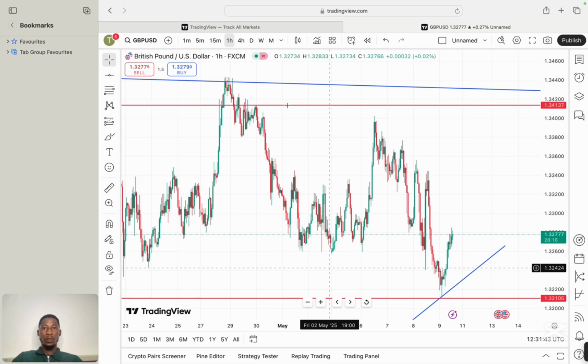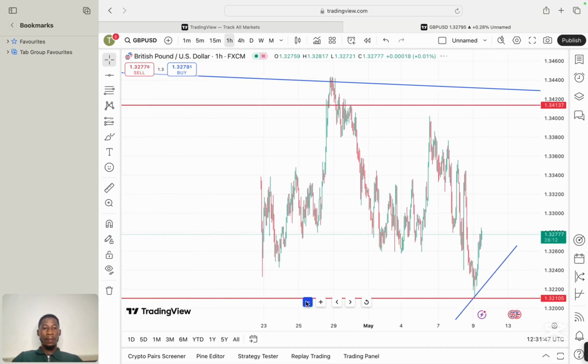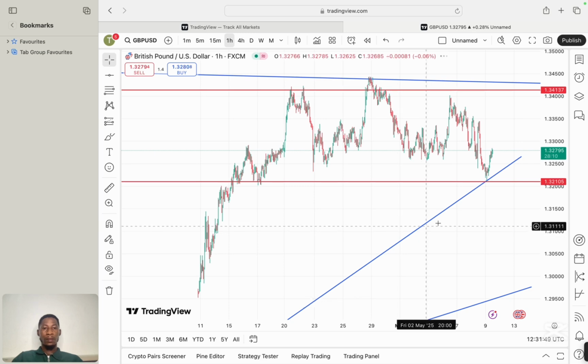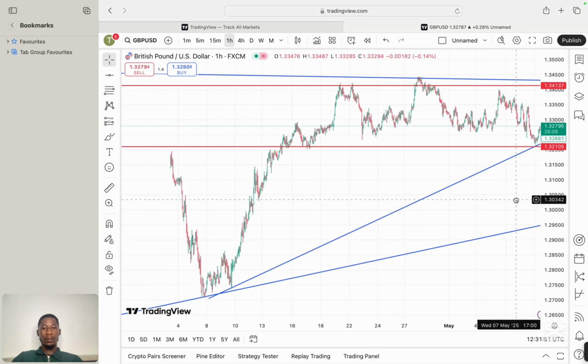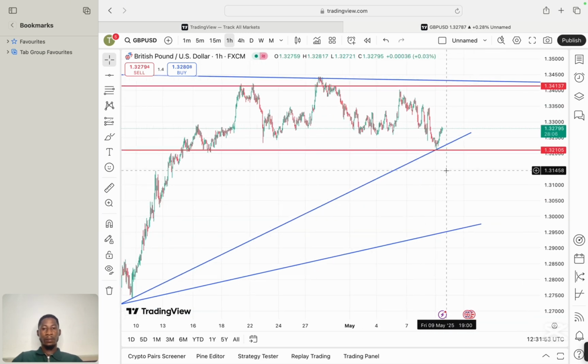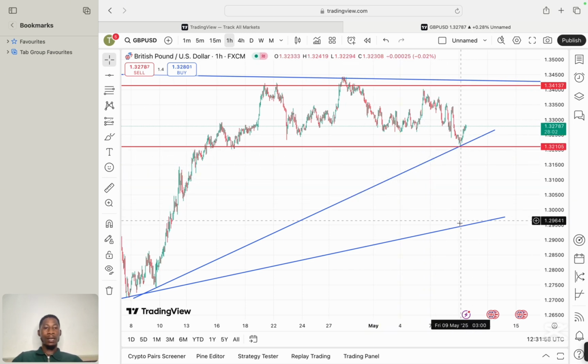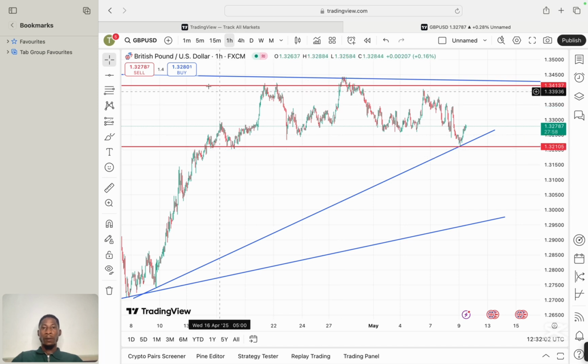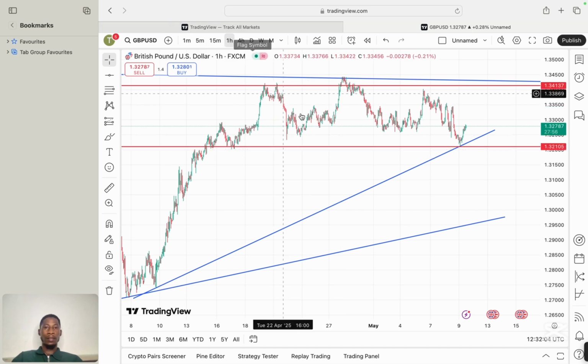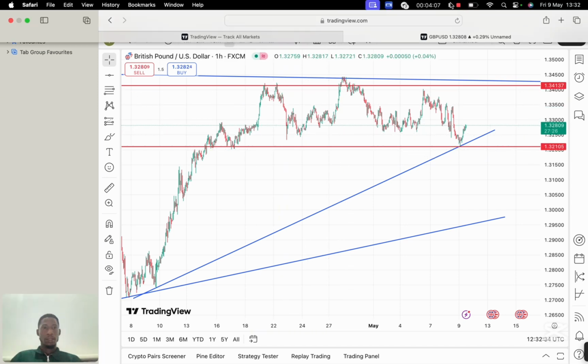Okay, so you can see there's also another trend line down here. So you just have to wait and see what the market is going to do before you enter.